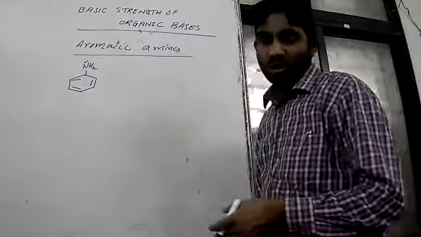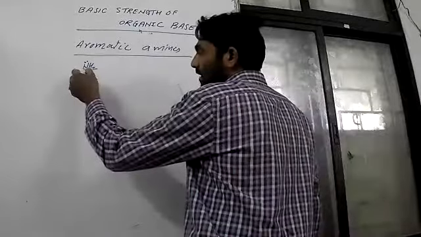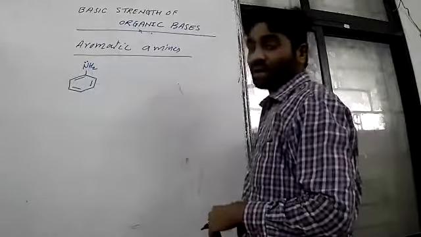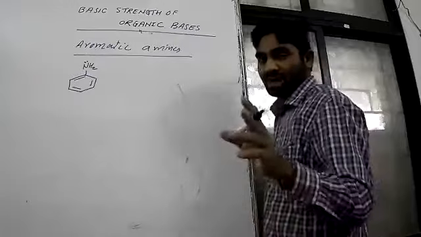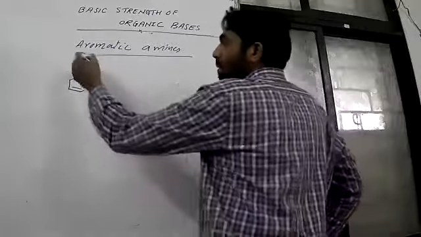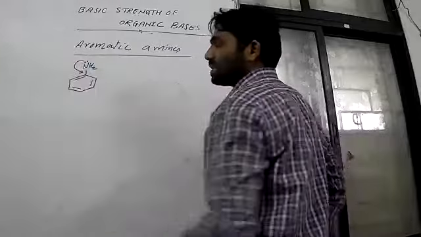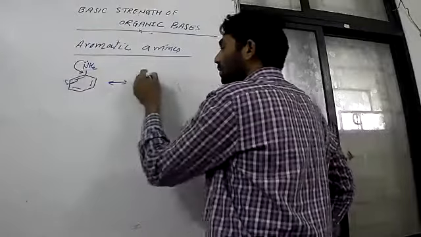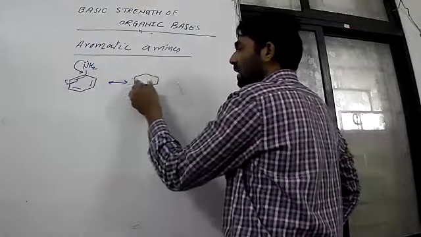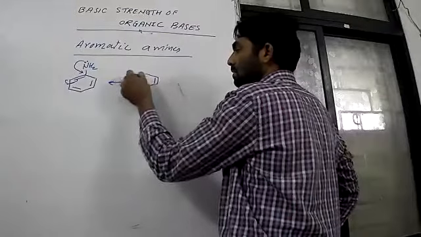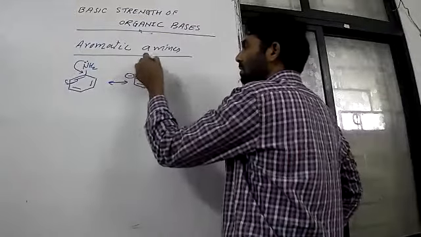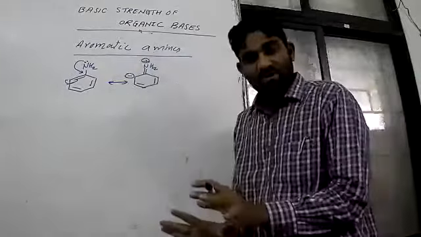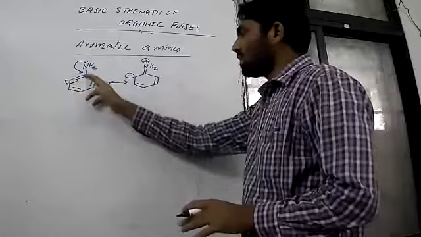The reason is conjugation. Out of the four factors we learned, the third factor is conjugation. Here the lone pair is involved in conjugation, and therefore we will get a structure like this. It means the lone pair is not available on the nitrogen; it rotates throughout the ring.